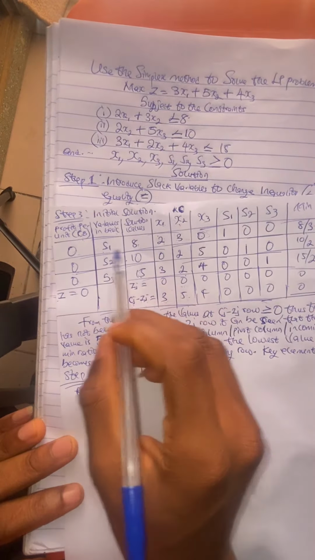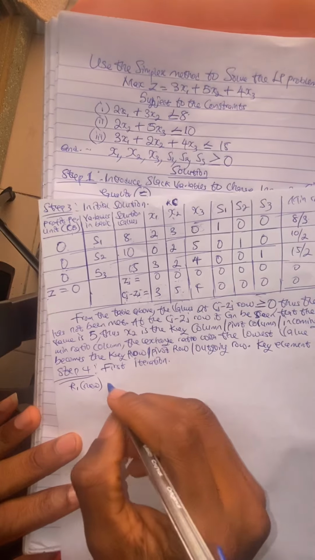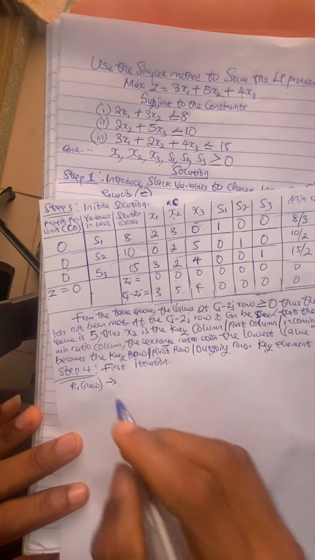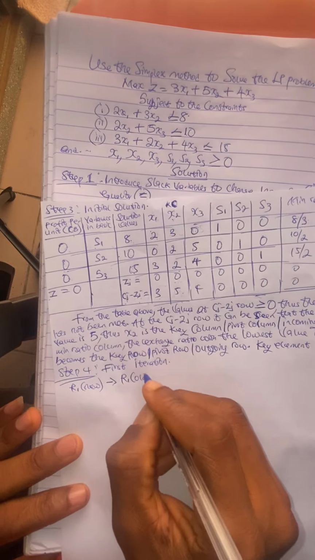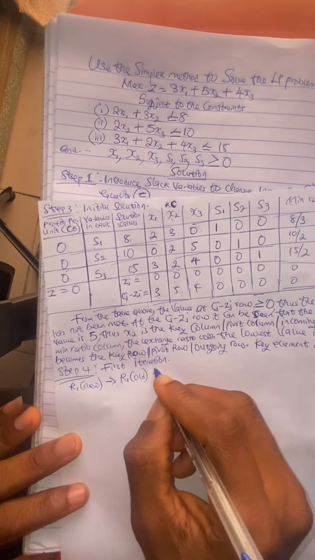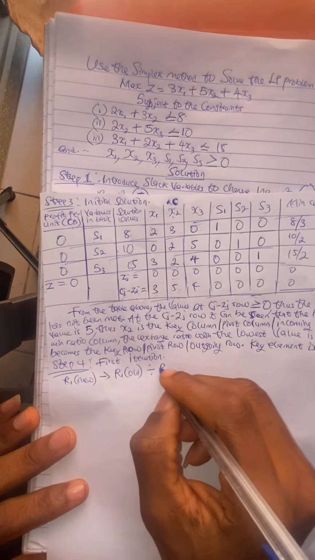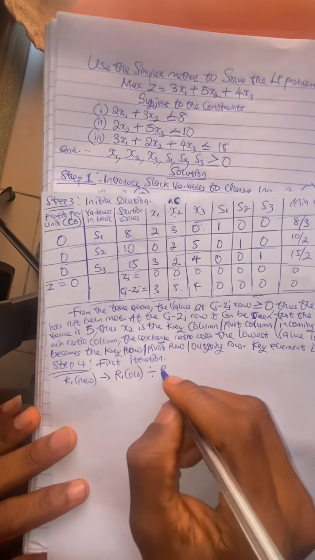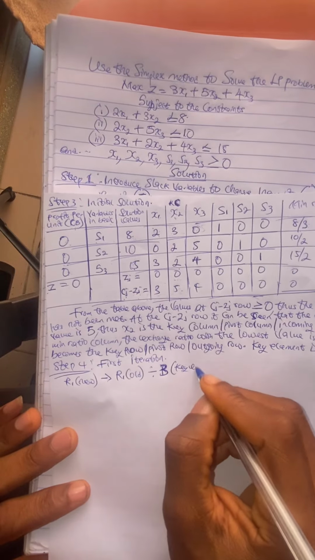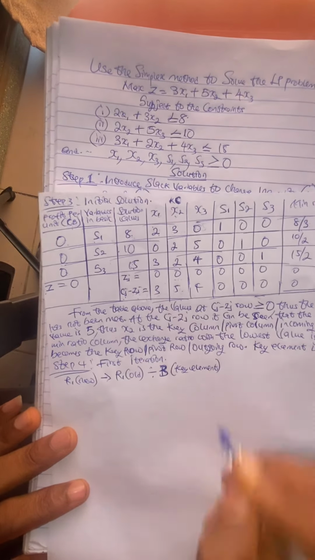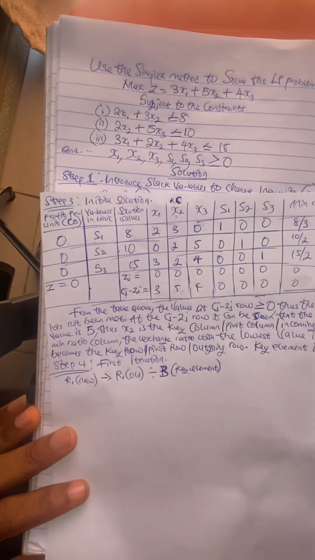So to get a new row, the formula you have to do to get your row 1 new is that you bring your row 1 old divided by your key element, which is 3, right? So that is how to get your row 1 new.